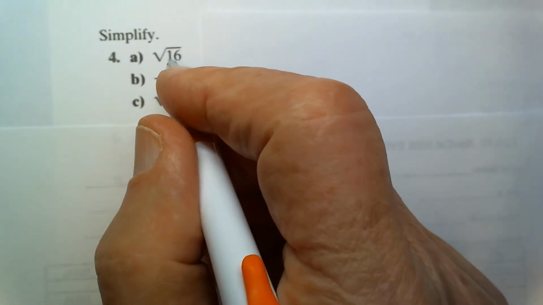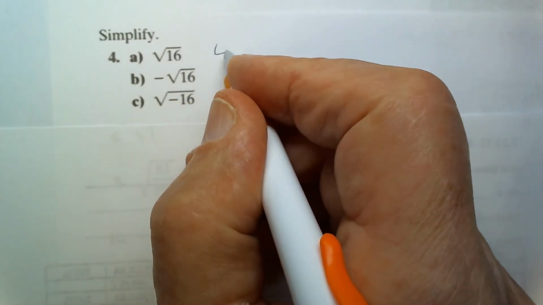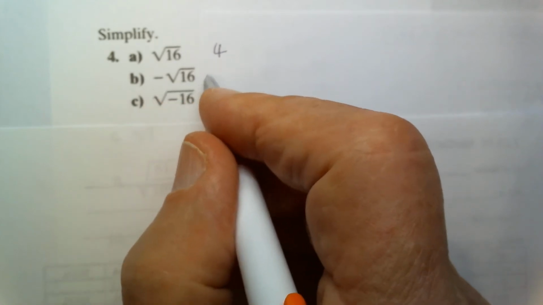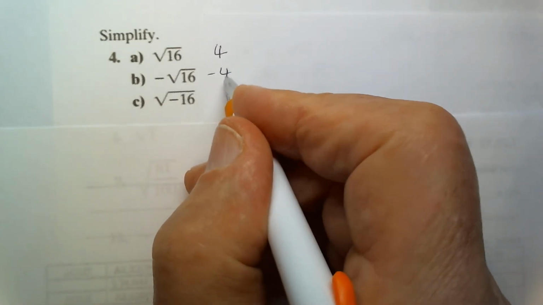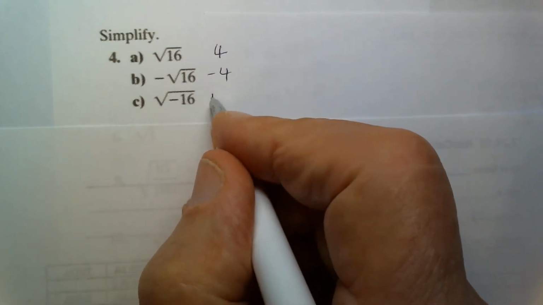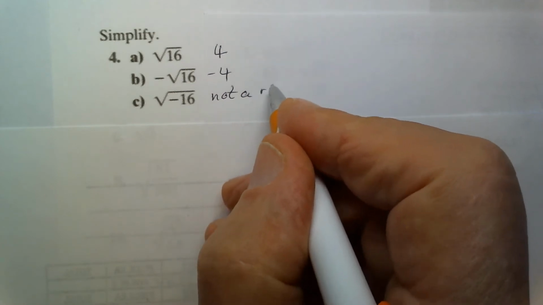So for 4a, the principal square root of 16 is 4, because 4 times 4 is 16. And the negative principal square root of 16 is minus 4. And the square root of a negative number is not a real number.